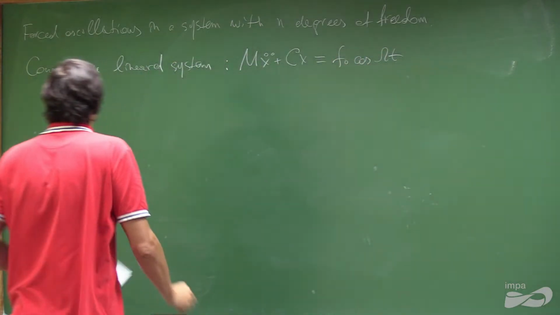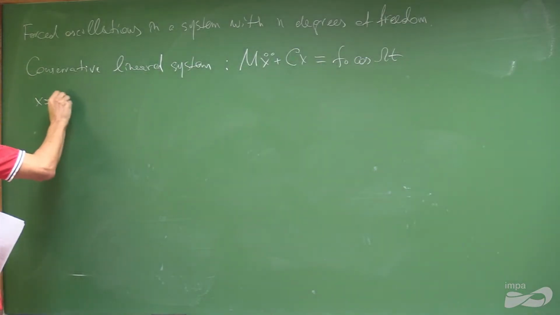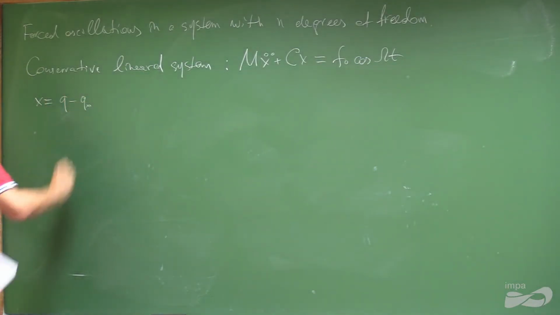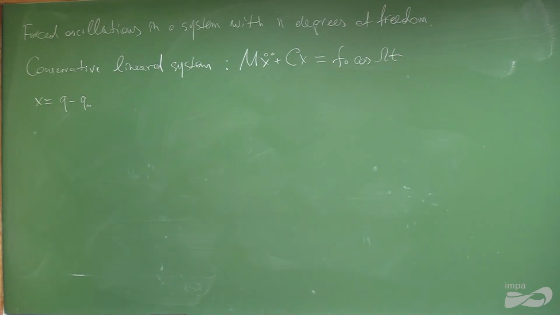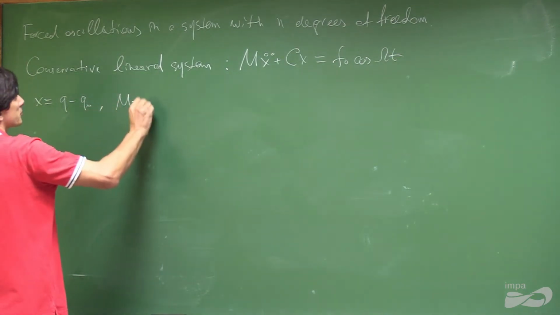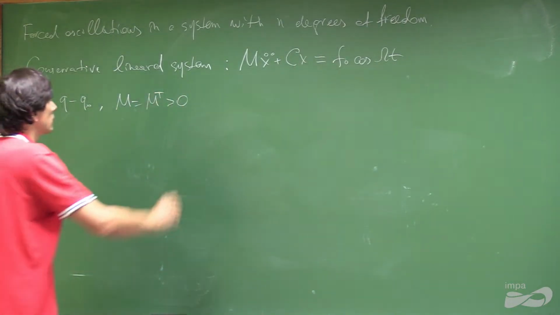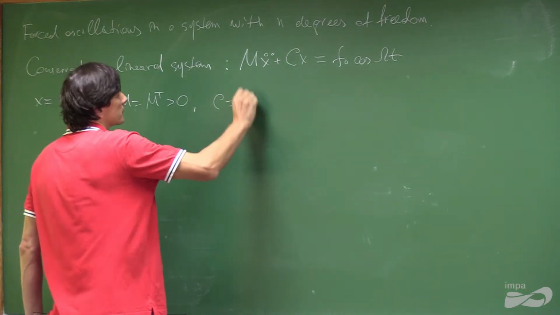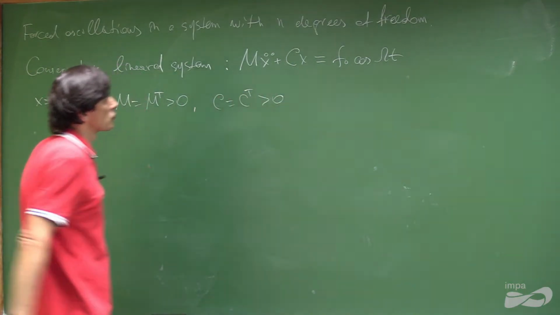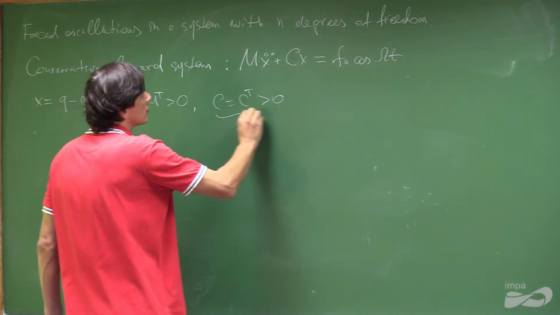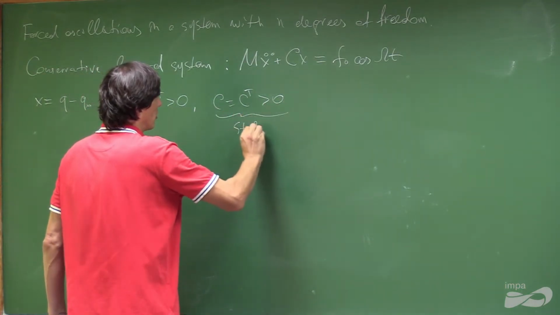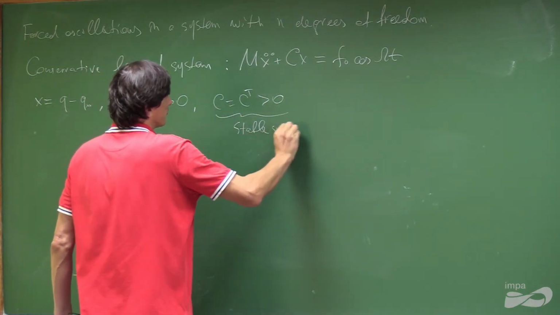So what is what here? Here x is the distance to equilibrium. M is the mass matrix, positive definite. C is the stiffness matrix, also considered positive. So we consider a stable system.